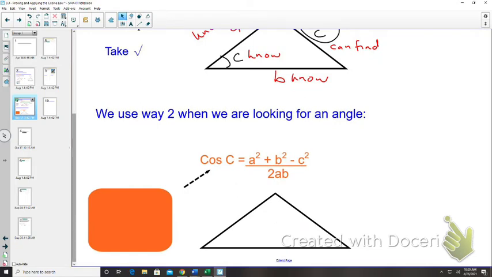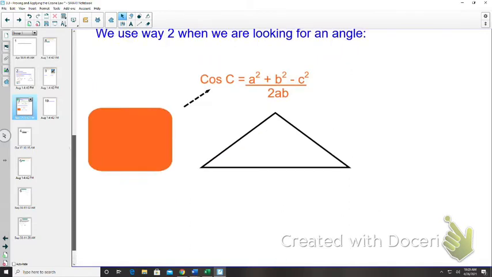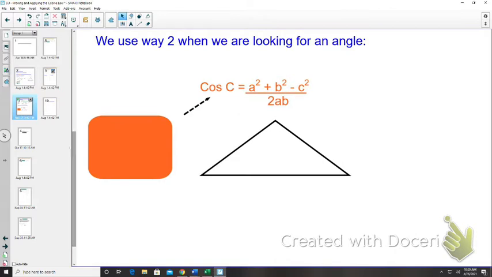And the second strategy, or way two, when we're looking for an angle, we can use the second way that the cosine law is written, right? So cos C is equal to a squared plus b squared minus c squared over 2ab. So in this case, we would know A, B, and C. We know all of our side lengths.